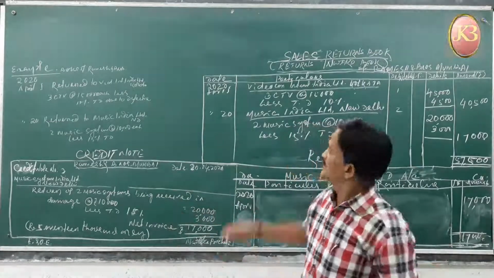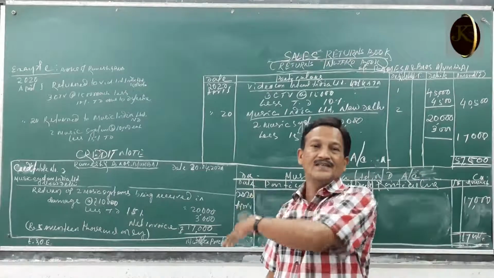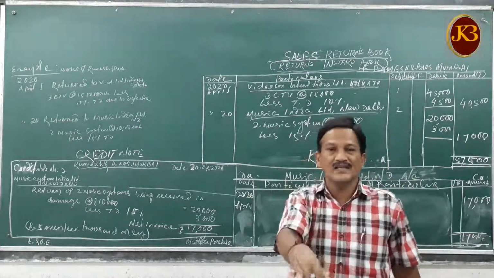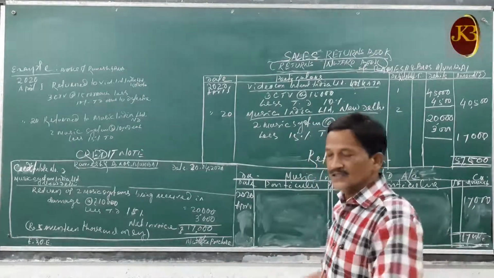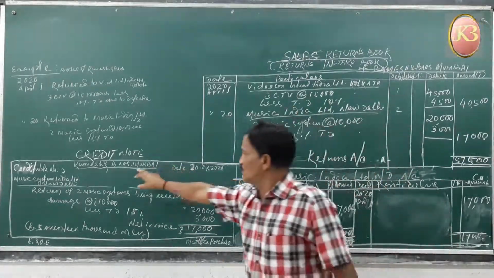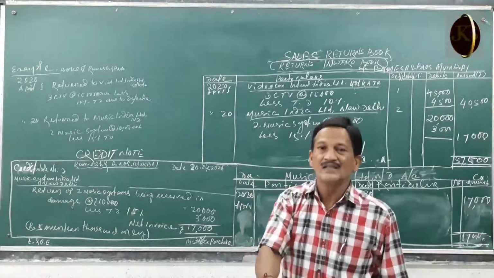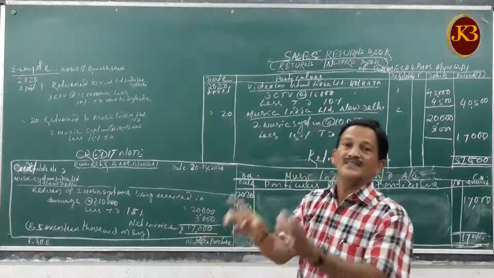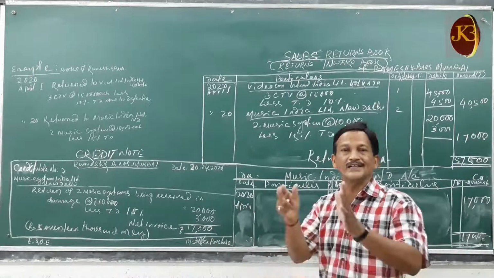The same case is when the goods are returned by the customer, the debtor, to the business. That means the business sold the goods on credit. The business is the seller, and the purchaser here is the debtor. So when the purchaser returns goods, the seller has to prepare a credit note and send it to the customer or debtor, stating that your account has been credited by this amount due to the defect in the goods which you had returned.